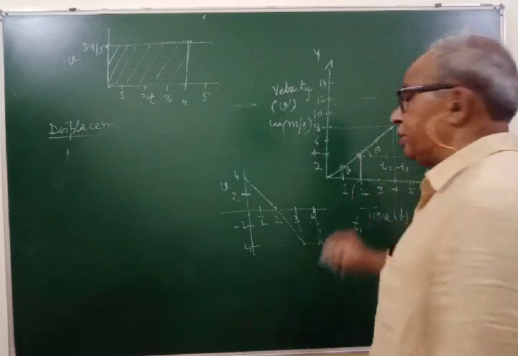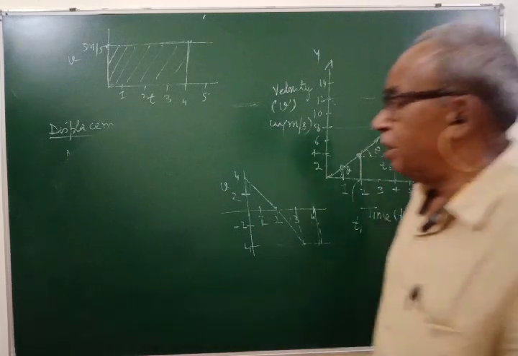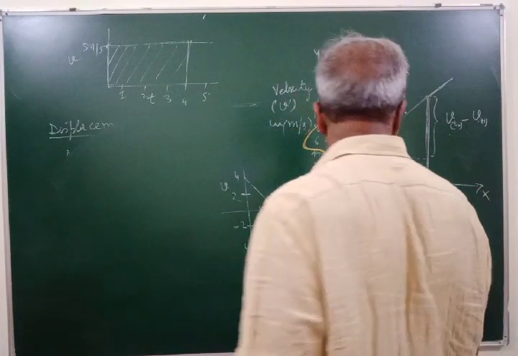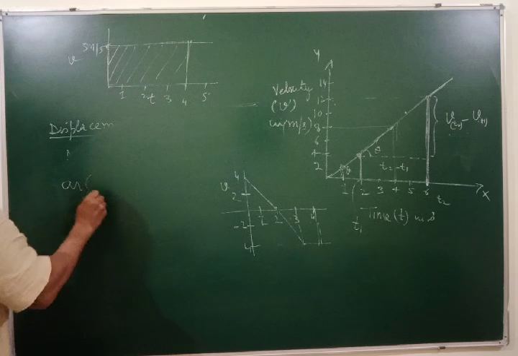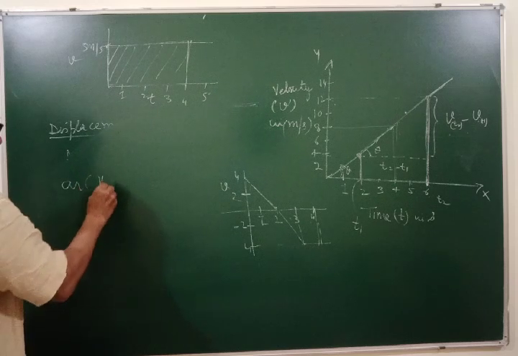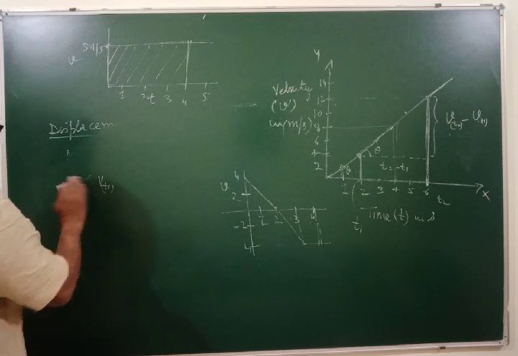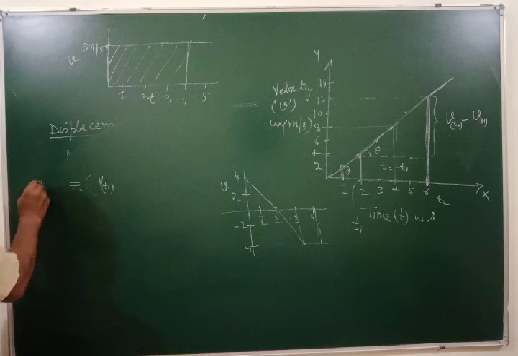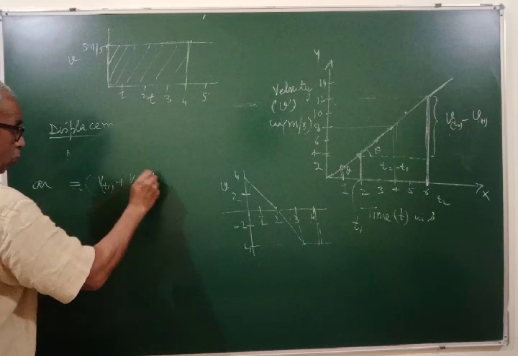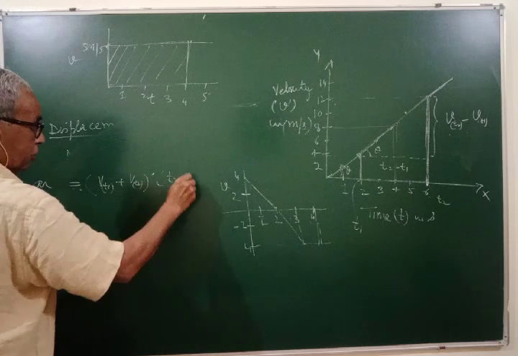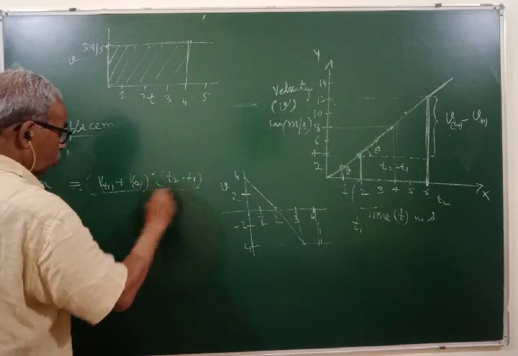Area of trapezium is sum of parallel sides into distance between them by 2. तो यहाँ पर ये जो एरिया हो जाएगा, area equal to (VT1 plus VT2) into (T2 minus T1) upon 2.